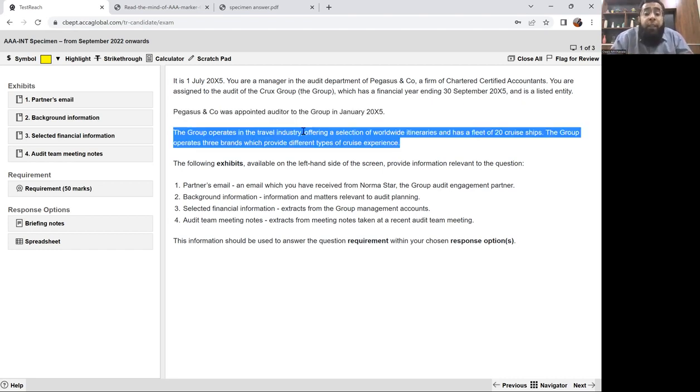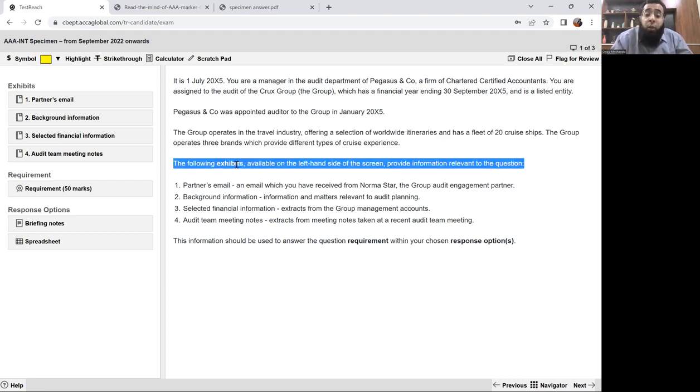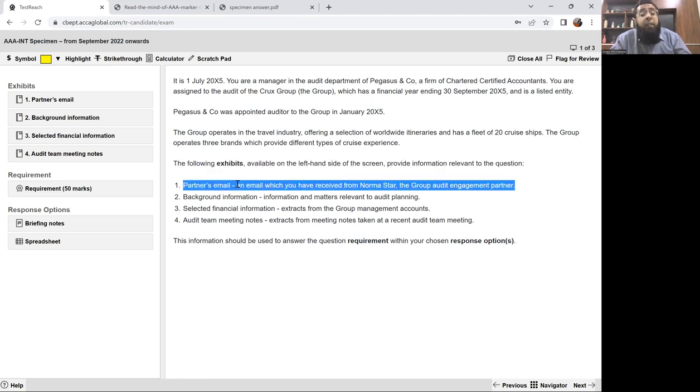The group operates in the travel industry, offering a selection of worldwide itineraries and has a fleet of 20 cruise ships. The group operates 3 brands which provide different types of cruise experiences. The following exhibits are available on the left-hand side of the screen and provide information relevant to the question. Partner's email, an email which you have received from Norma Star, the group audit engagement partner.